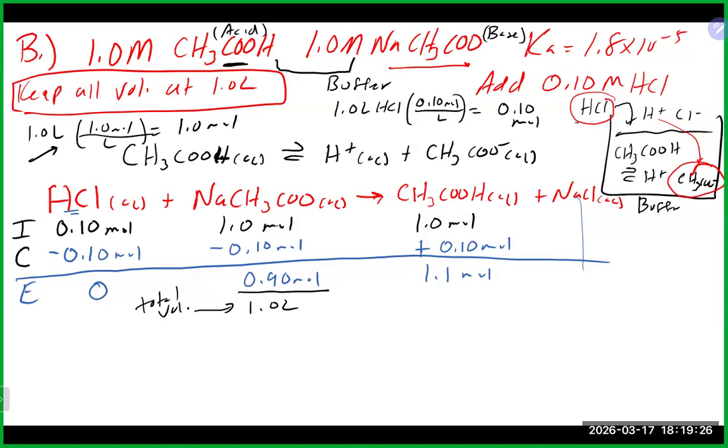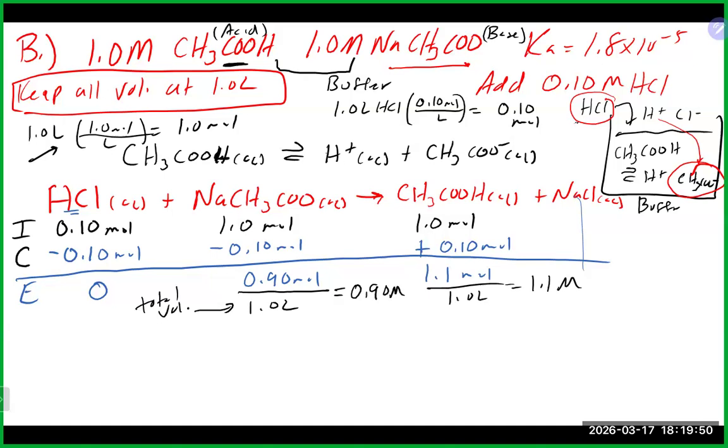So in most problems, you do have to take the volume into account. Whatever the volume of your buffer is, plus how much you're adding, gets you your total volume at the end. That's going to get us 0.9 molar. We'll divide that by 1 liter, which gets us 1.1 molar at this point. Any questions on that?